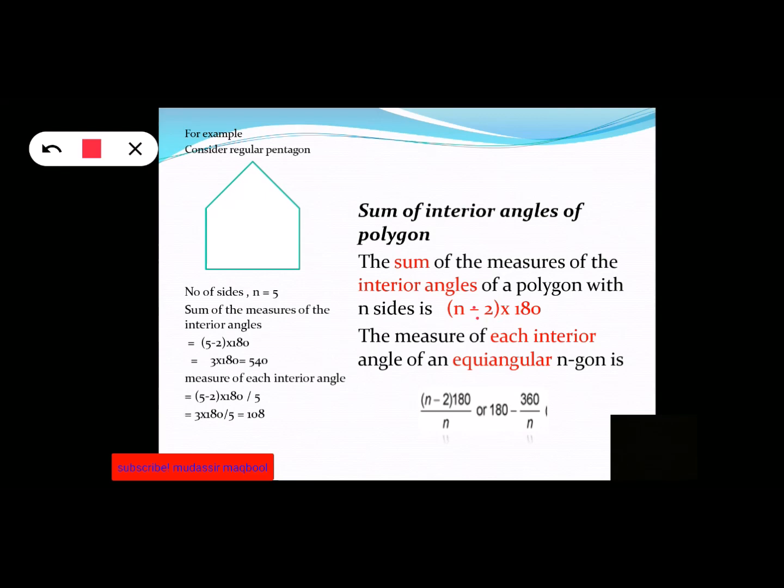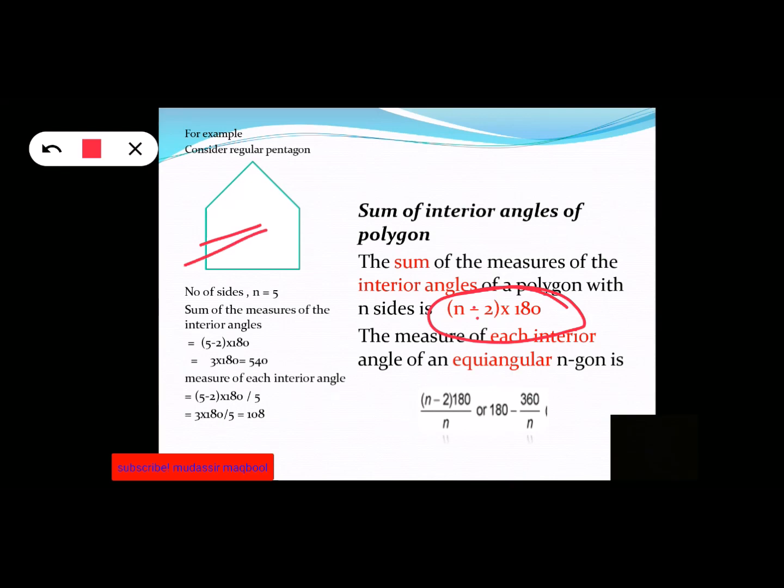Now we have sum of interior angles of a polygon. Interior angles are those angles that lie inside the figure, that lie inside the polygon. And sum of these interior angles of any polygon with n sides is always calculated as (n minus 2) into 180. Consider this pentagon.